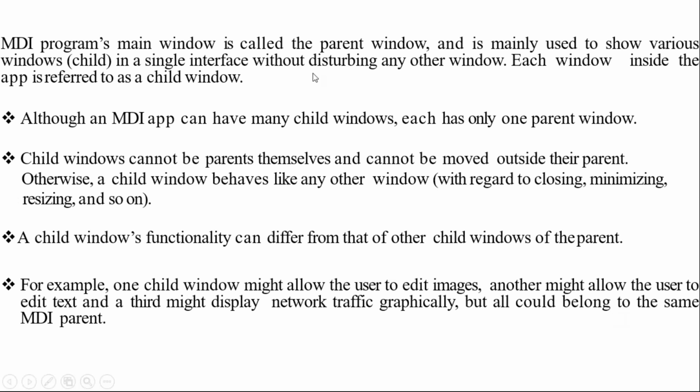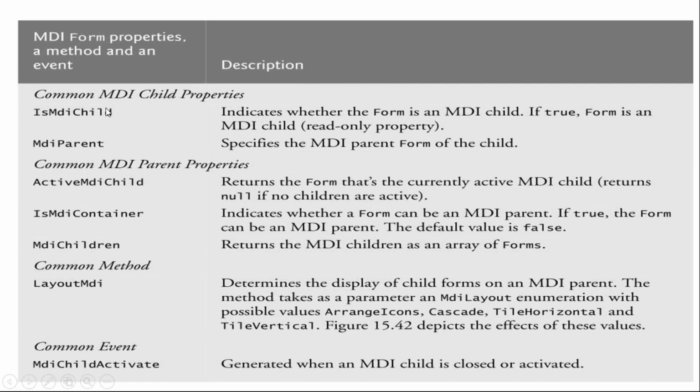So what are the different properties of MDI parent? See, the first property is MDI child. This property will tell true or false whether that form is an MDI child or not. That means whether that particular form contains any parent or not. Second is MDI parent. It will just provide you the name of the form that is the parent form of all the child forms.